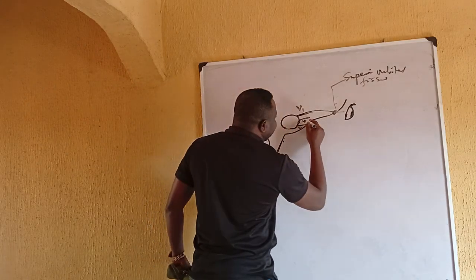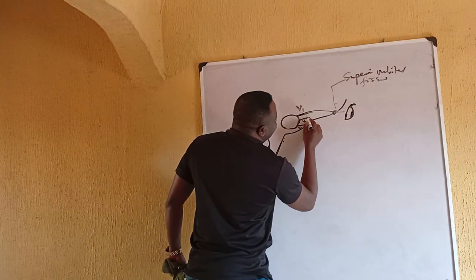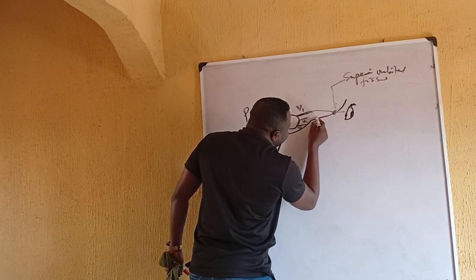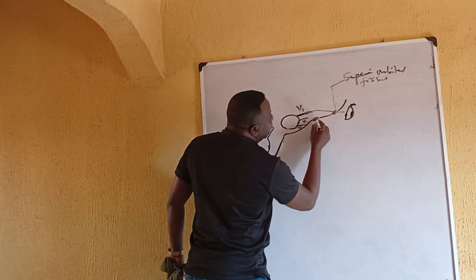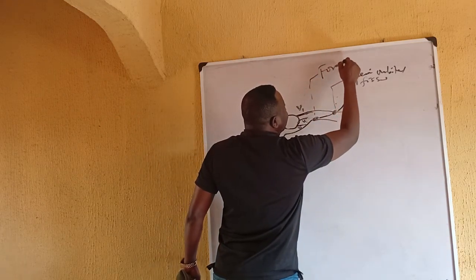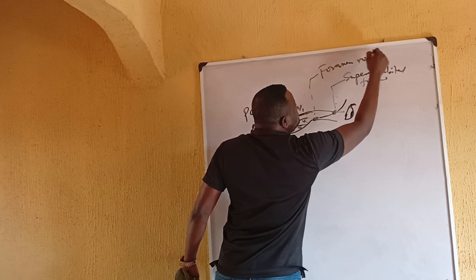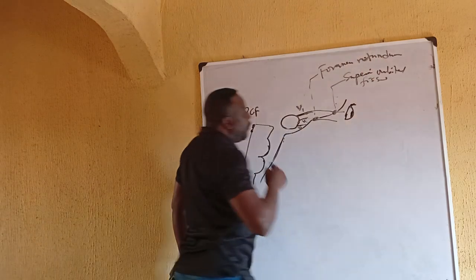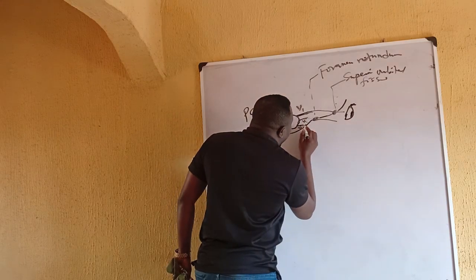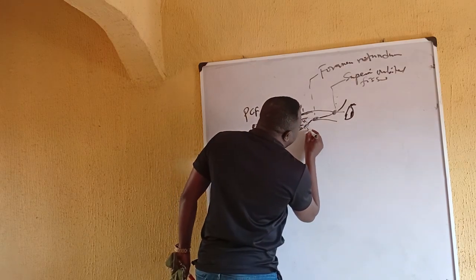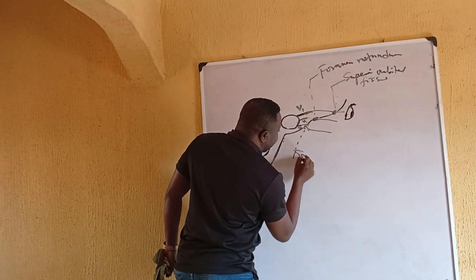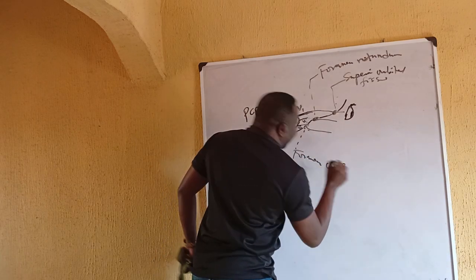Now, V2, which is known as the maxillary division, leaves the cranial cavity via an opening that is called the foramen rotundum. So, this is known as foramen rotundum. Now, V3 also leaves the cranial cavity by passing through an opening that is known as, this opening is called foramen ovale.